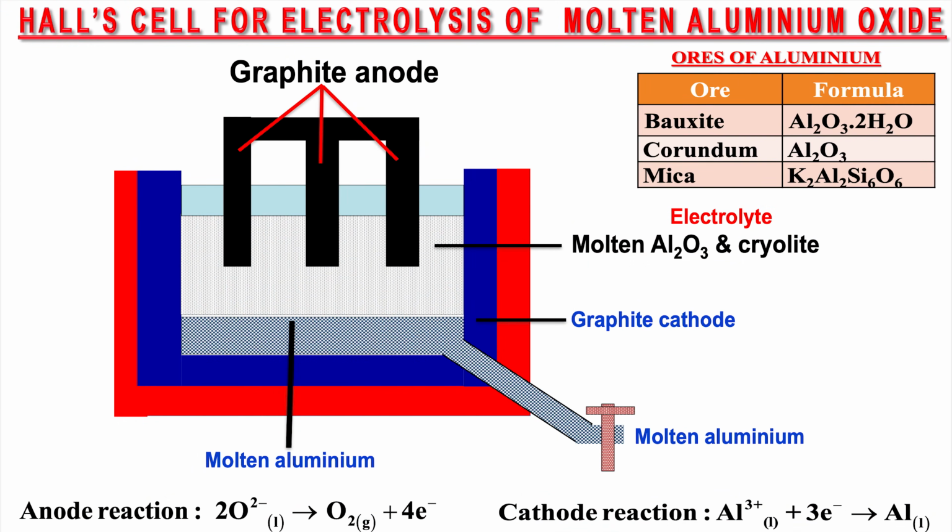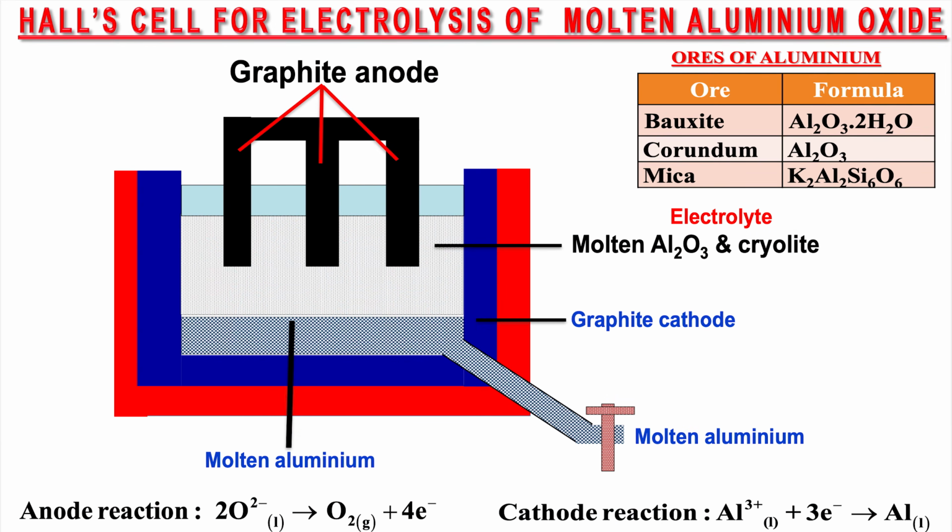Then the aluminium oxide is fed into the Hall's cell, which again, as you can see on this diagram, has graphite anodes in the middle and the cathodes on the sides. If you recall, for sodium also, the anodes were in the middle, the cathodes on the sides. Then electricity is passed through.